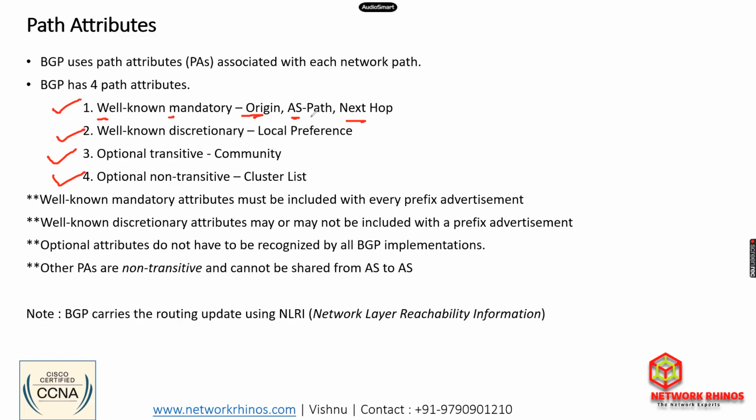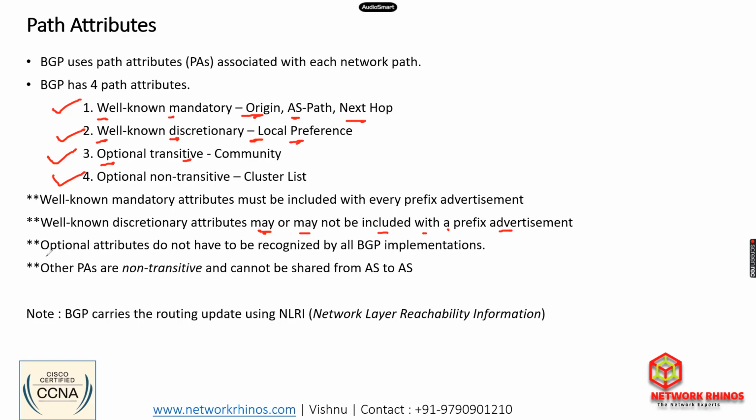There's no option of not sending it or not understanding it. Second is well-known discretionary. This means the attribute may or may not be included with the prefix advertisement, but all the BGP routers are aware of this particular attribute, called local preference.